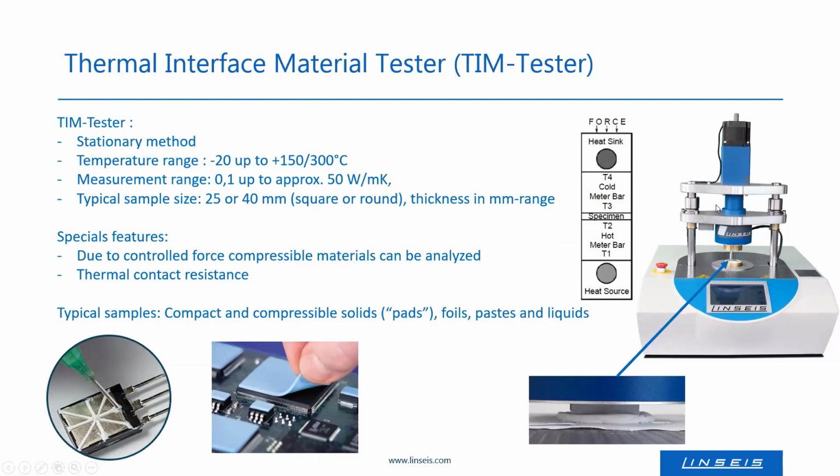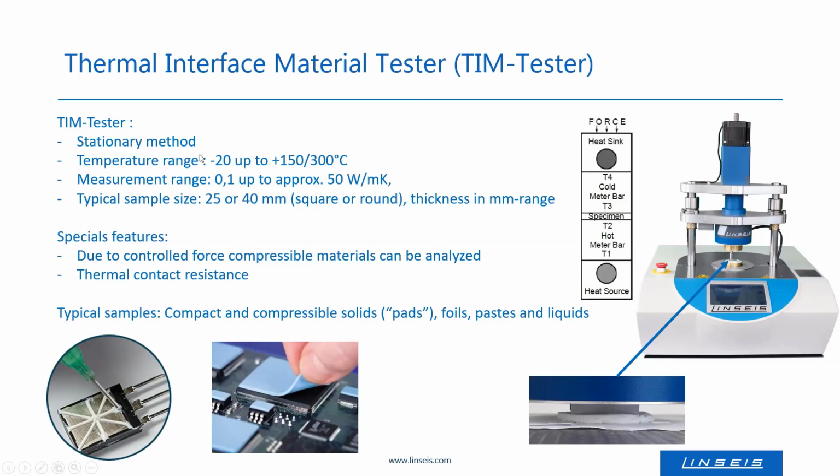This is all installed here in this assembly. And on top, you find an actuator to control the force so that you can give a certain well-defined force on your sample, which is necessary for compressible solids to have a known and reproducible compression force.